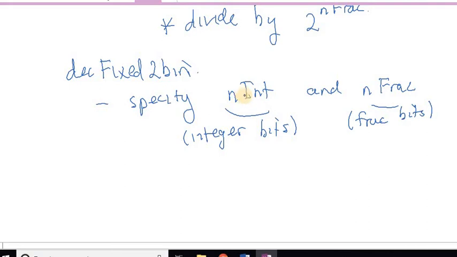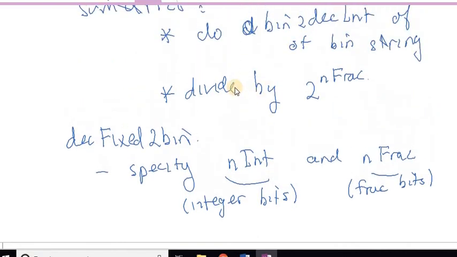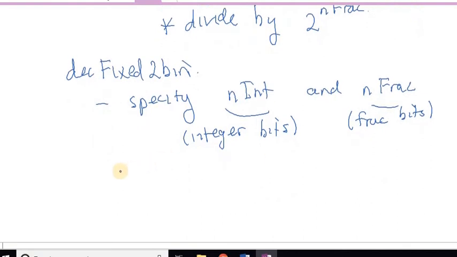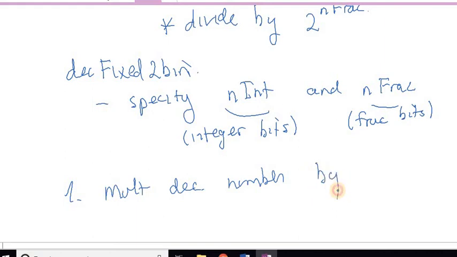So what we should do here is basically undo the other way. Now, the other way, the second step we did was divide by 2 to the nfrac. So if we're going to go the opposite direction, we should first multiply the decimal number by 2 to the nfrac. So step 1 is multiply the decimal number by 2 to the nfrac.